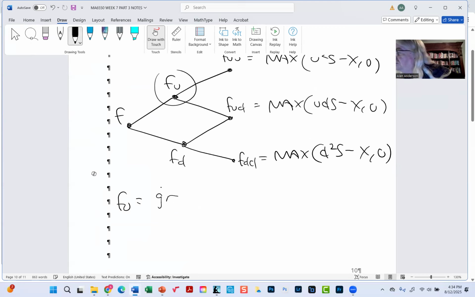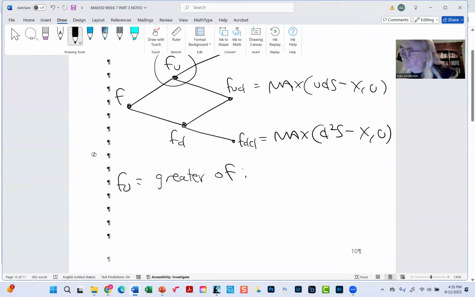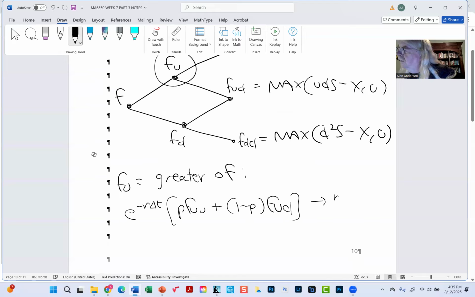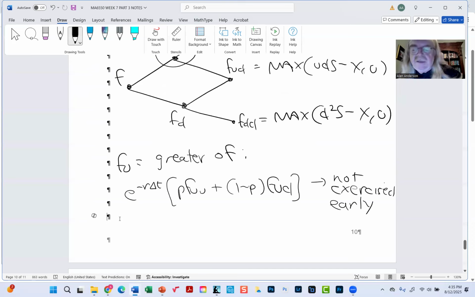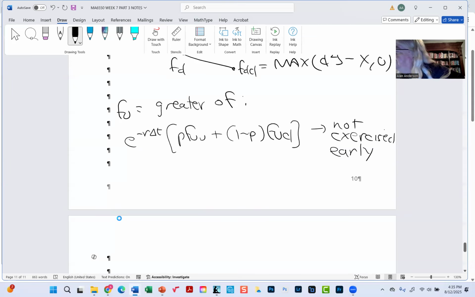So it's the greater of, no, this is what it would be worth as a European option, meaning even if it's an American style option, if we do not exercise early, this is its value. If on the other hand we decide to exercise it, it's the payoff of that node.